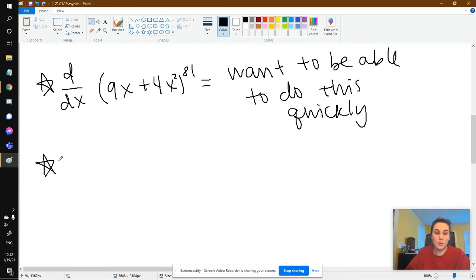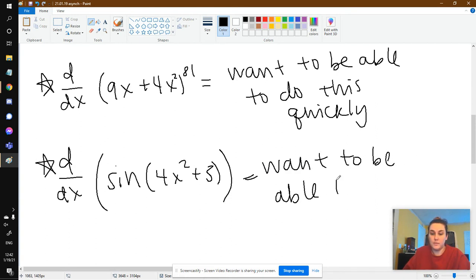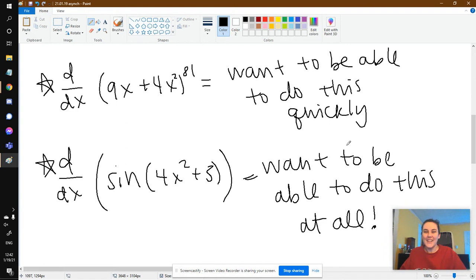And then I'd say, okay, what about this example? What's the derivative of sine of 4x squared plus 3? Right now, we have no idea. We want to be able to do this at all. So for both of these things, we want a rule.